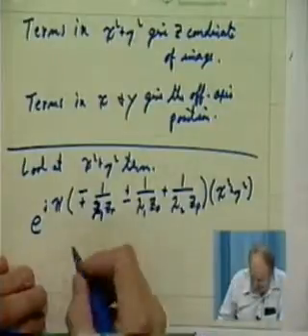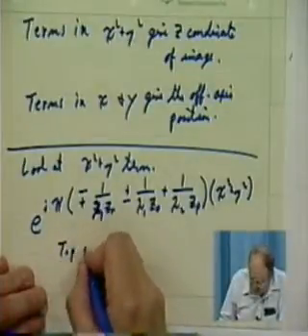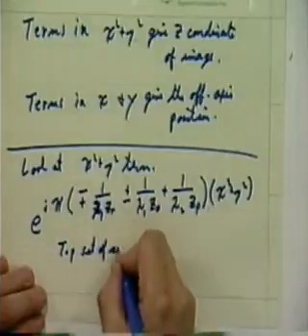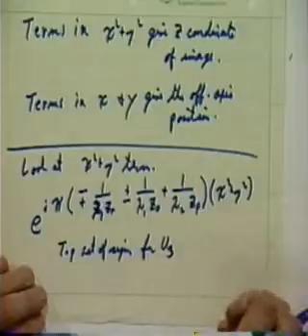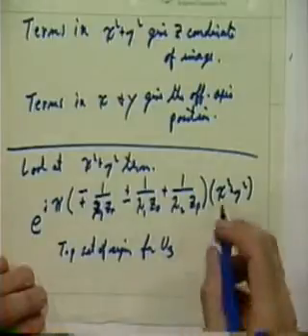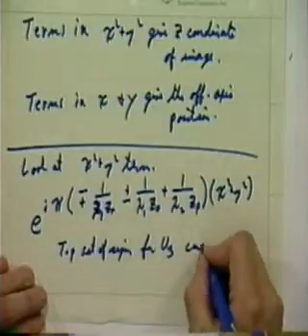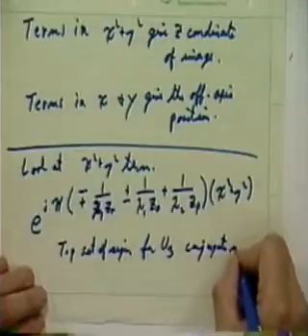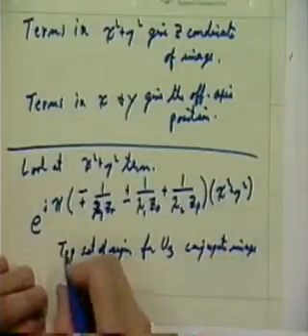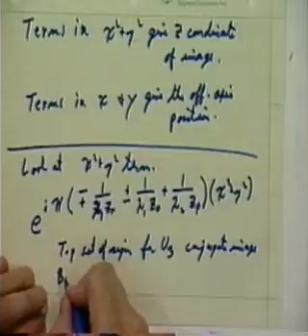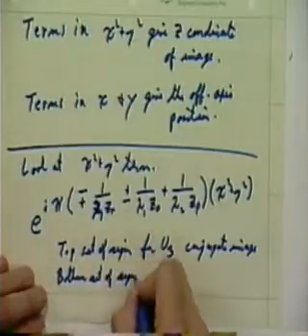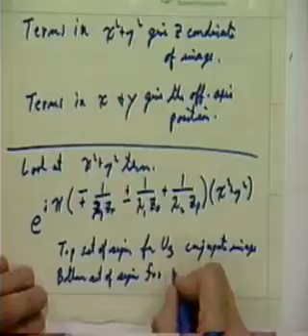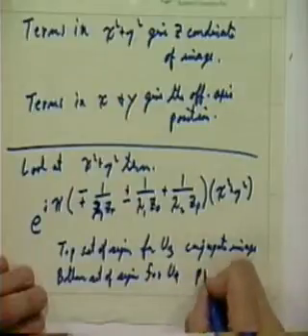Okay. So I think the top set of signs is for U3, which is what we call the conjugate image, and the bottom set of signs is for U4, which is what we call the primary image.